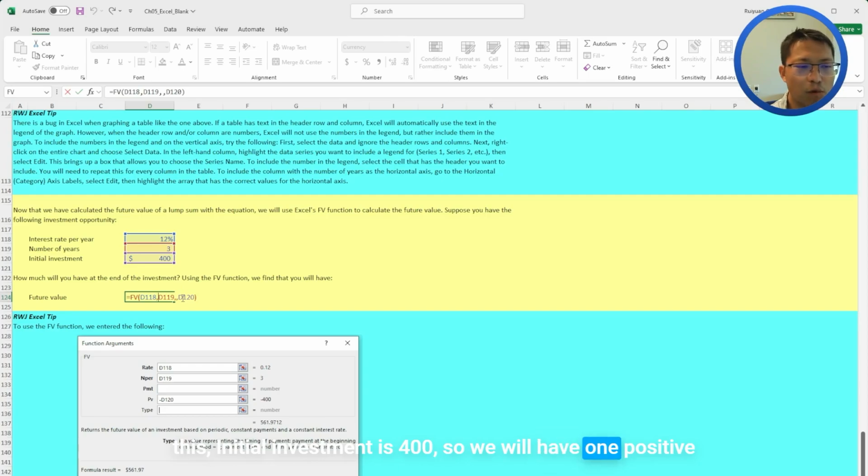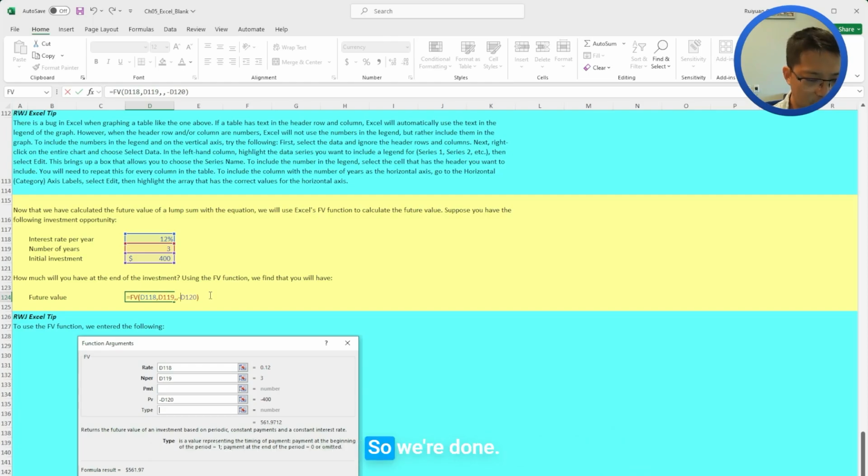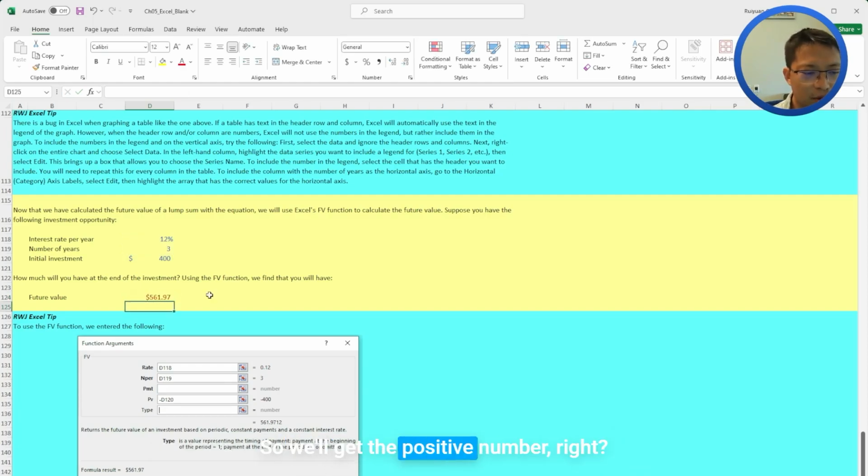So we will have one positive present value, and then we'll get a negative future value, right? If we want to get a positive future value, we can just put a negative sign here in front of the D100, and we're done, right? So we'll get the positive number.